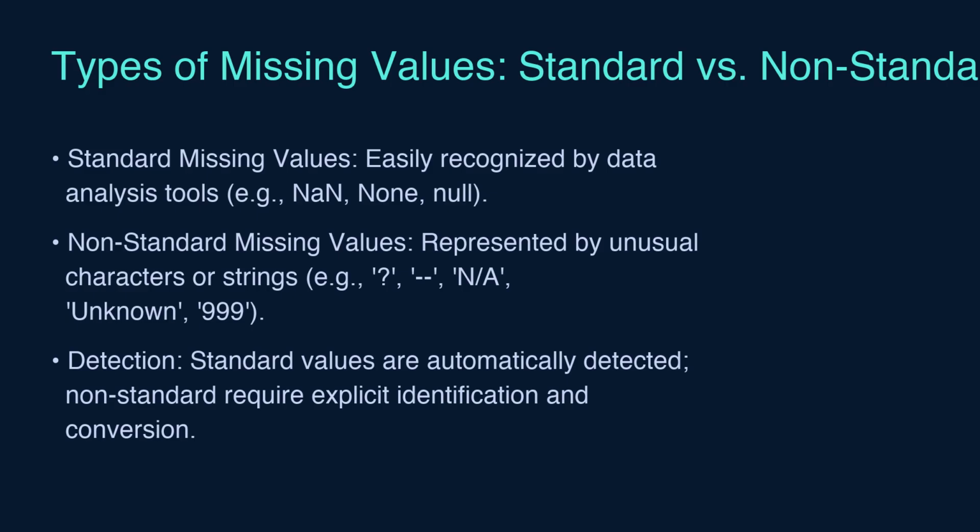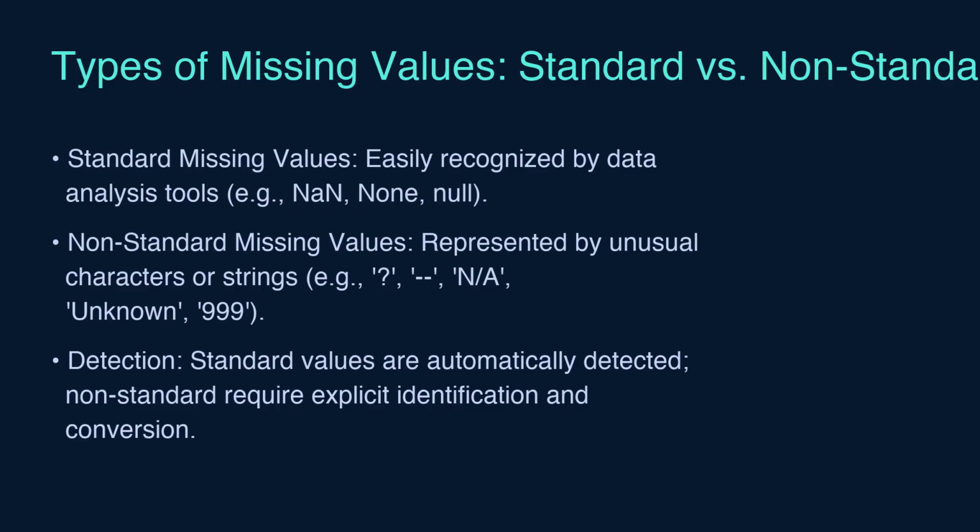However, real-world data is rarely that clean. We often encounter non-standard missing values, which are represented by arbitrary characters or strings that are not inherently recognized as missing by our tools. Examples include question marks, double hyphens, NA, unknown, or even specific numerical placeholders like 999 or -1 that signify missingness.